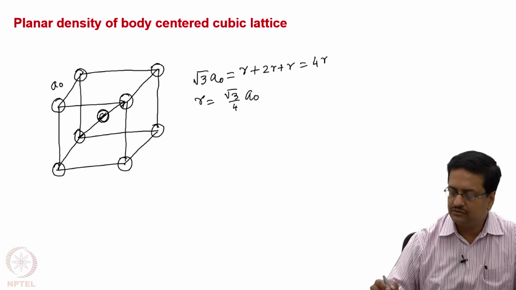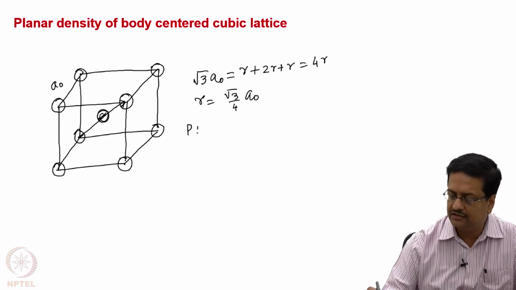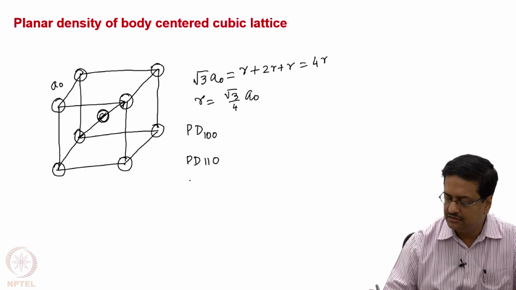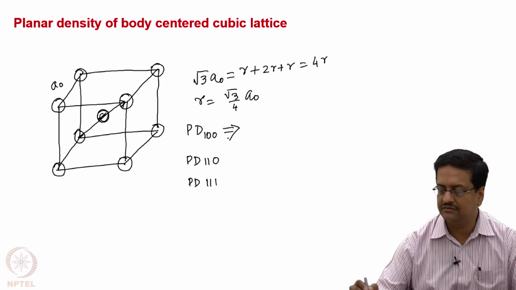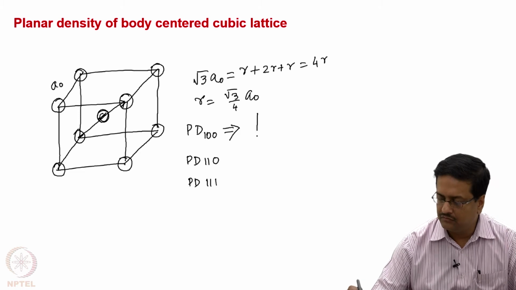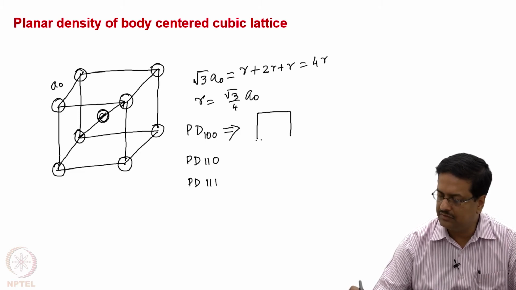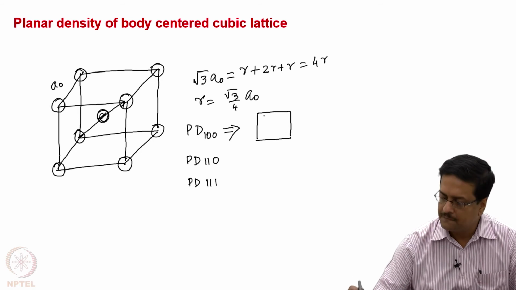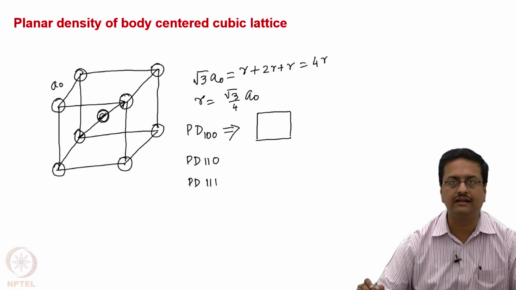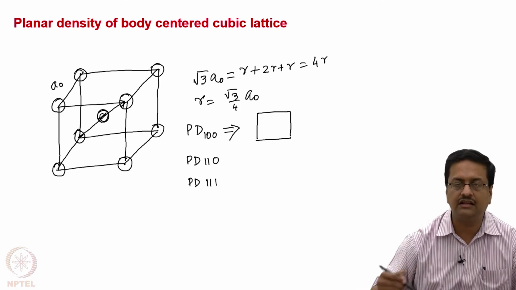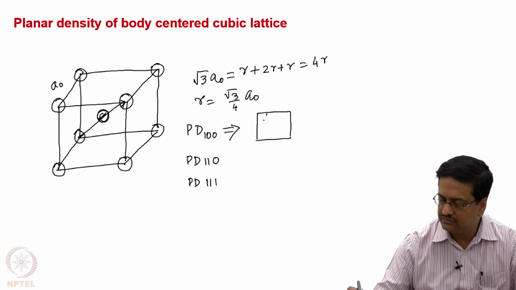So r equal to root 3 by 4 a0. So now if we try to determine the planar density of 100, planar density of 110 and then planar density of 111, we should follow the same procedure as we have done before. We should first draw the plane, and in this case, since the body diagonal is the close packed direction, the atoms do not touch along the edge, so we should draw it like this.